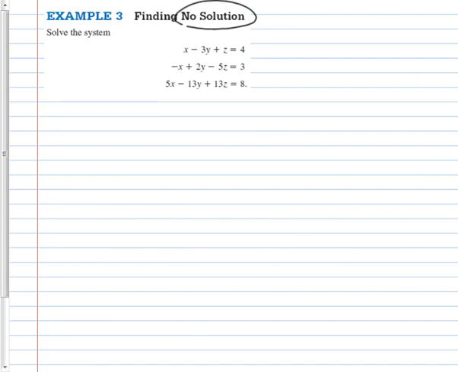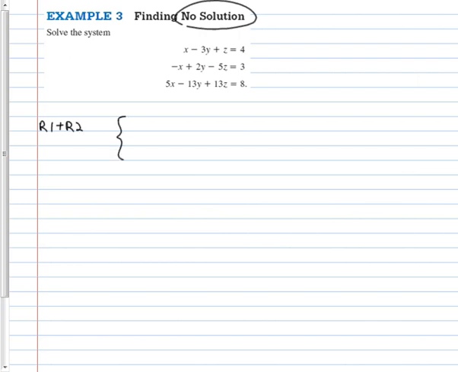Well, row 1 is just what I want. Row 2, how could I eliminate my x, my negative x here? Just add the first one and the second one together and it would eliminate it, right? So all I need to do, and we're going to keep track of what we've done here, row 1 plus row 2. That's all I need to do.